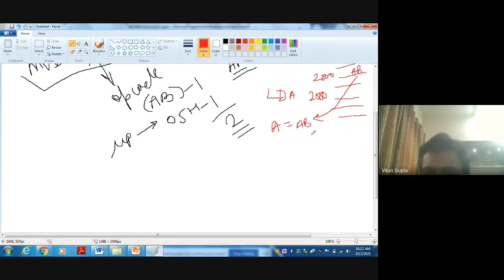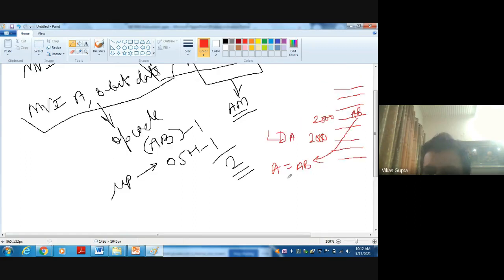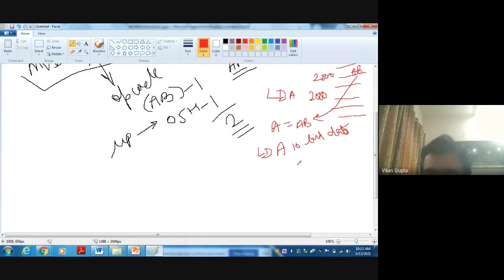And as far as the size of the instruction is concerned, this instruction is LDA followed by 16-bit data, and corresponding to this there will be some opcode. Let's say again I assume C5, for example.